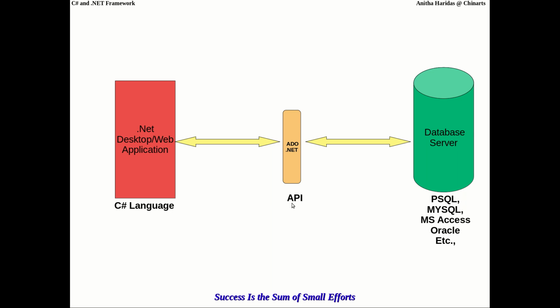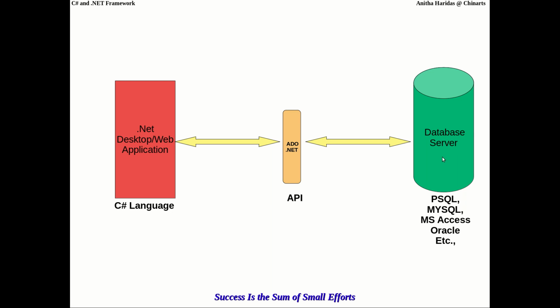Make a note of it. It is application programming interface. So I use an API between a .NET application and the database server. What happens now? Your application will communicate to the interface. The interface will be transforming the request as per the structure of the database server, and it will be sent to the database server.